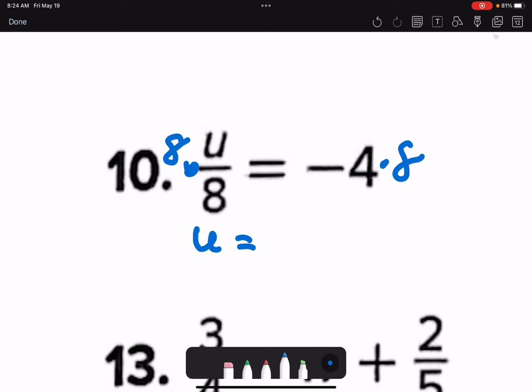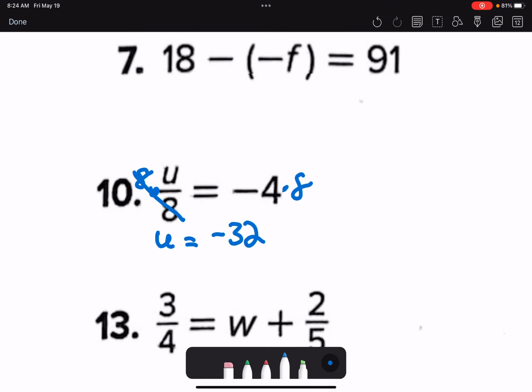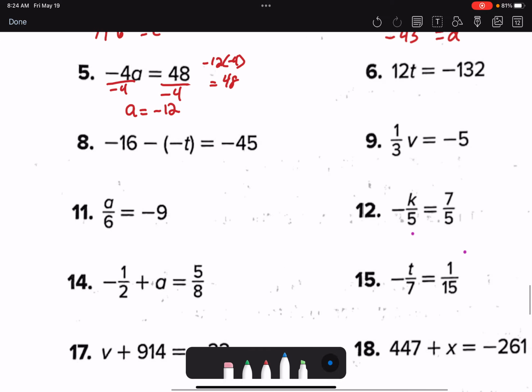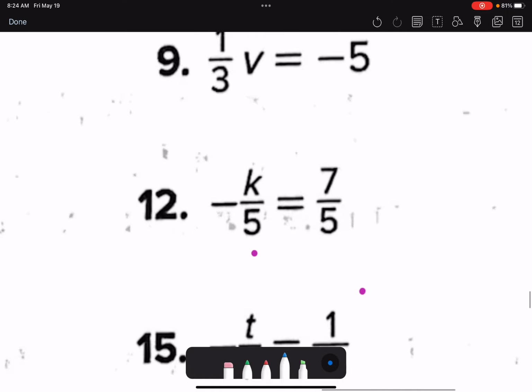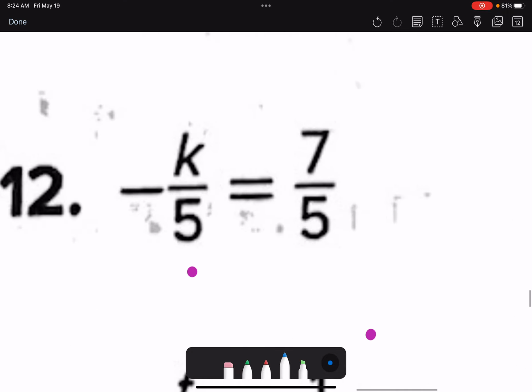U equals, this goes away. U is nice and positive and by itself. -4 times 8 is -32. I am correct because -32 divided by 8 is in fact -4. I am correct.